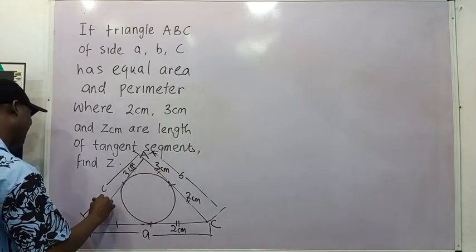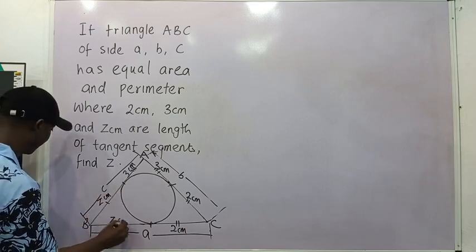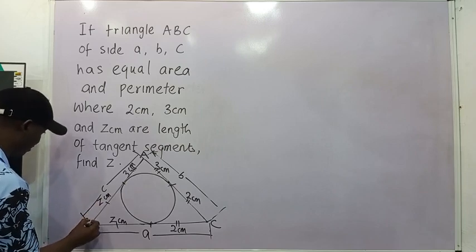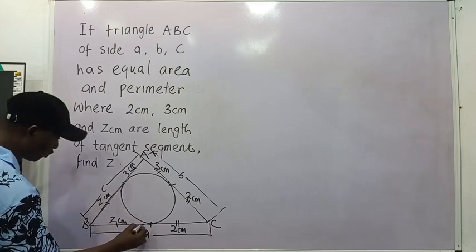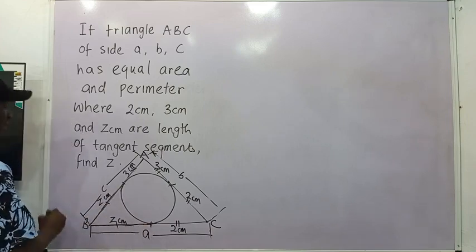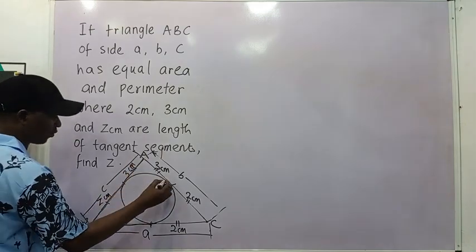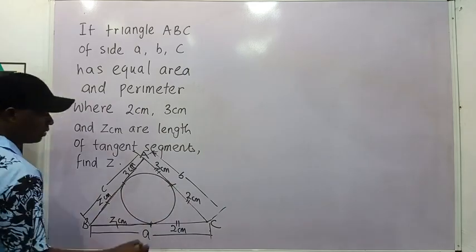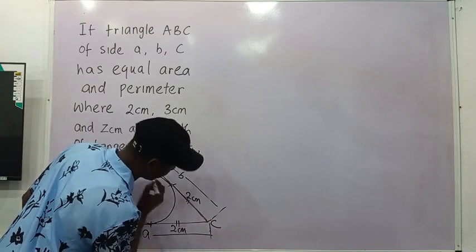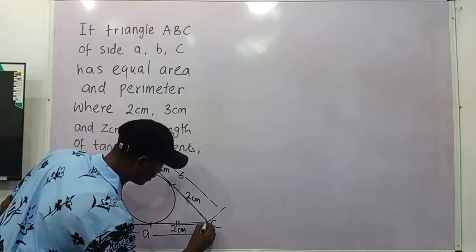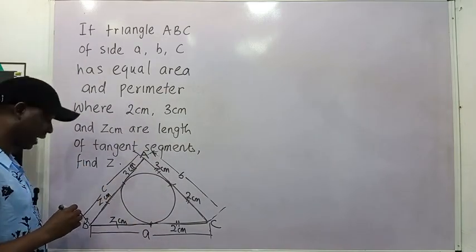If here is Z centimeters, then here will also be Z centimeters. Please take note of that. From here to this place is equal to from here to this place. So we now have a complete diagram.